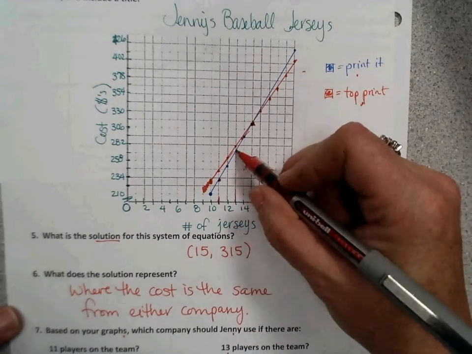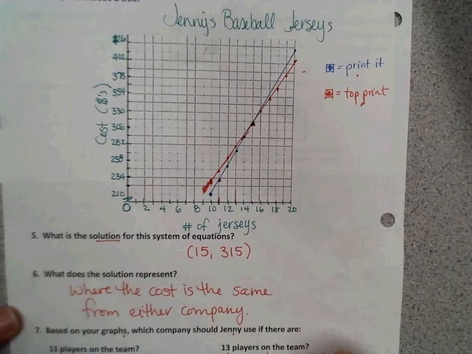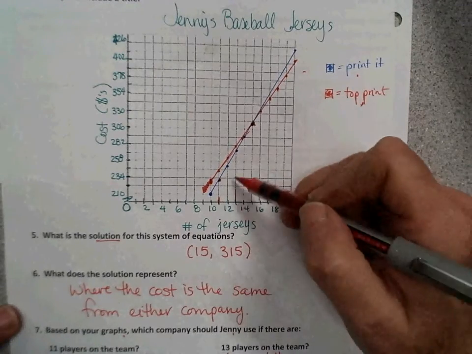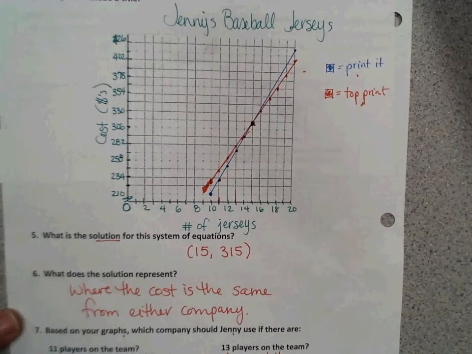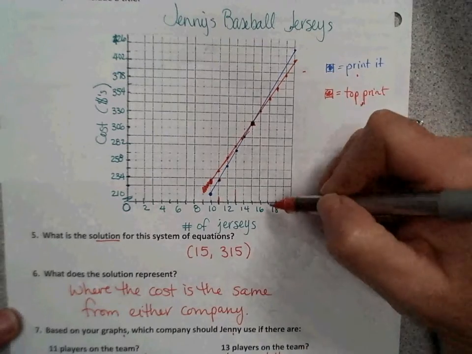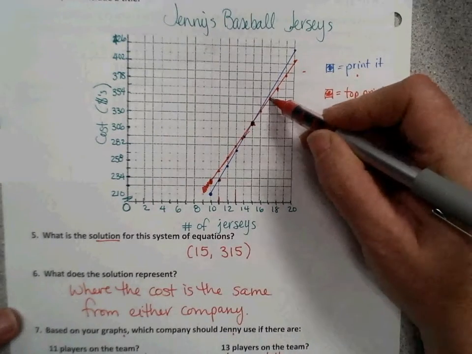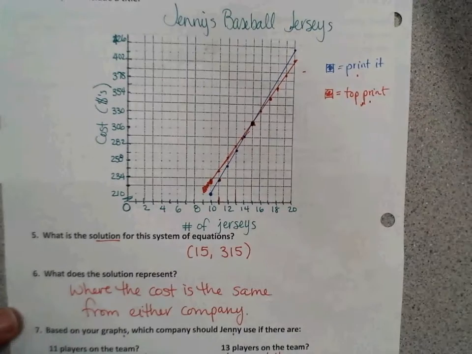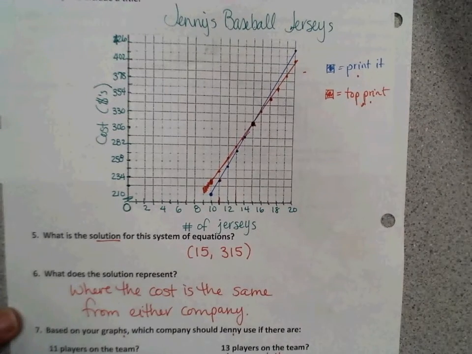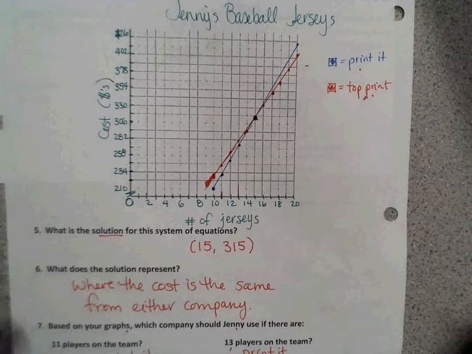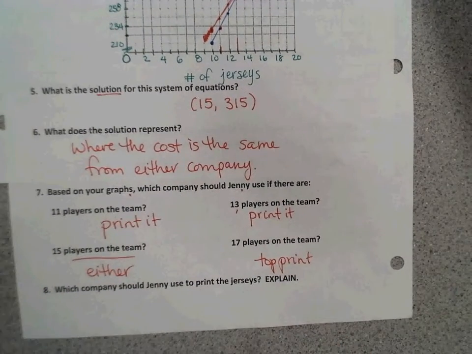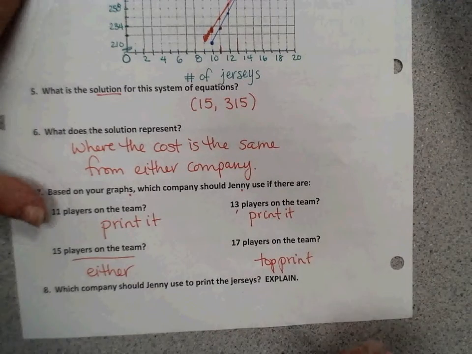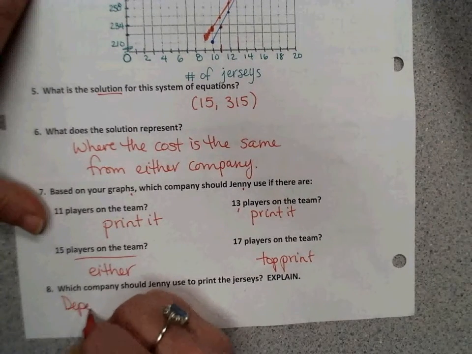Well, she should use the blue line, Print It, because it's below the red line, it's cheaper. So for 11, we would use Print It. For 13, still the blue line is lower, we would use Print It. For 15, that's actually the point of intersection. It's the same, so you could use either one at 15. But at 17, you can see the red line is on the bottom, which means Top Print would be your cheaper choice.